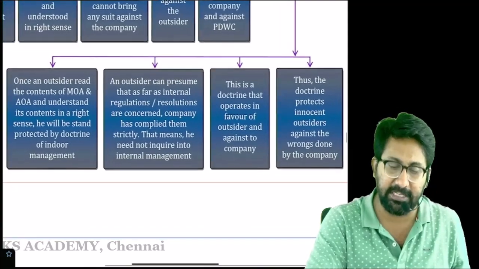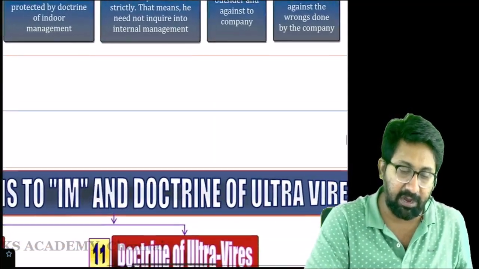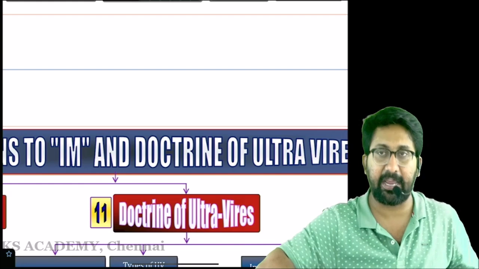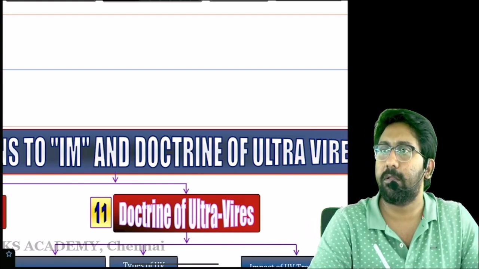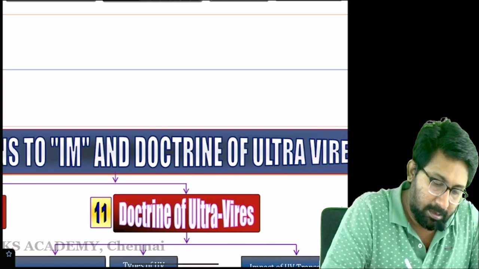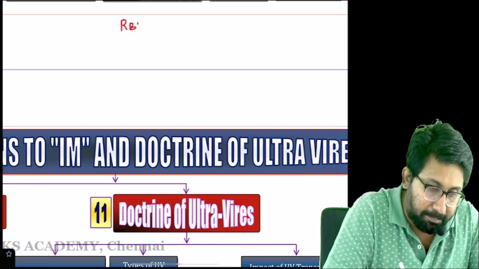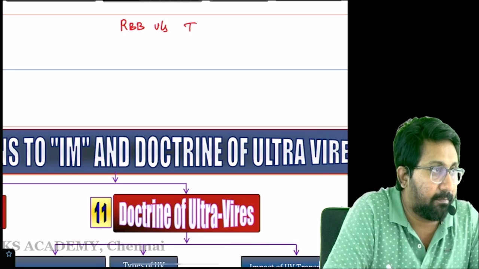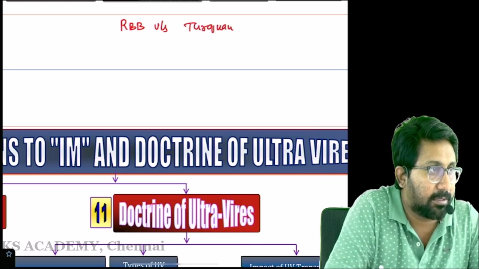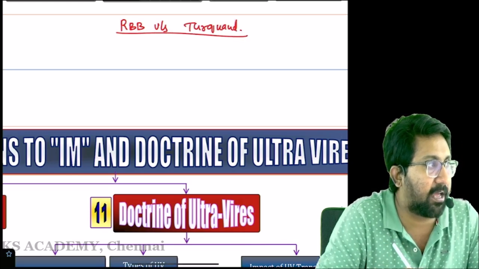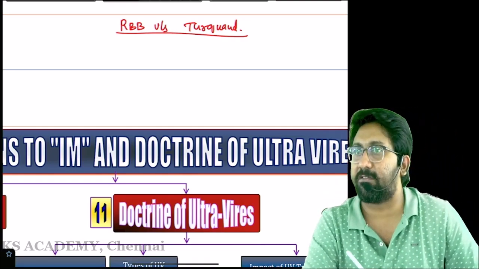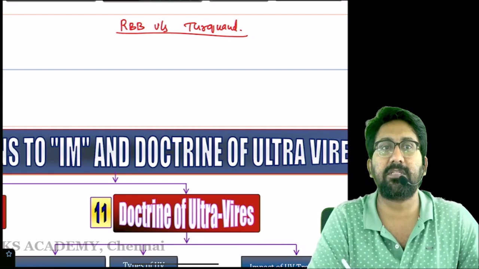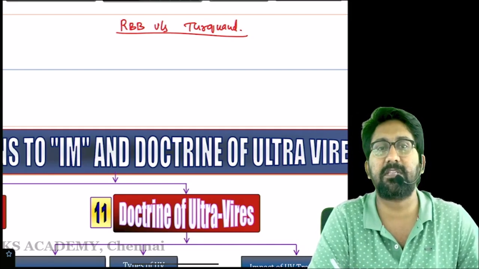Simple, crisp and easy when you understand constructive notice. A case law happened like this. Please concentrate properly. Royal British Bank versus Turquand. Foundation law explained this case law. Royal British Bank versus Turquand. Let us see what happened. Sir, please listen.